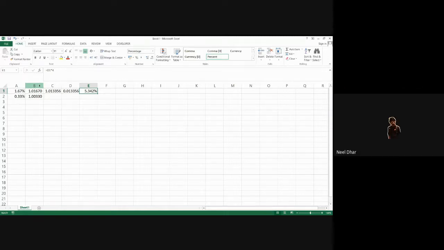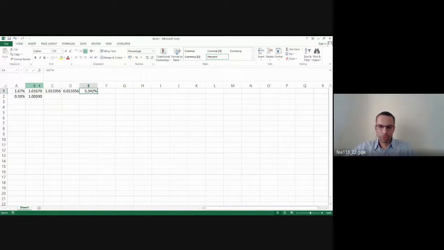If you could just give us 1 minute so we can wrap. Yeah, of course, no problem. Generally, even if you don't convert into decimals, it's fine. Excel converts that percentage while it handles that.